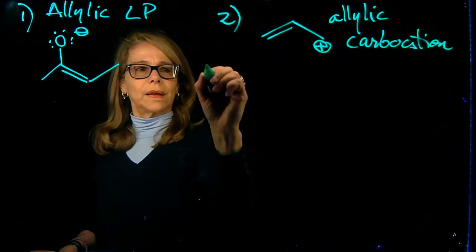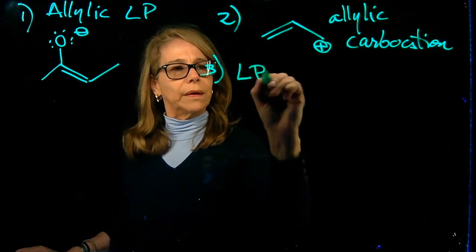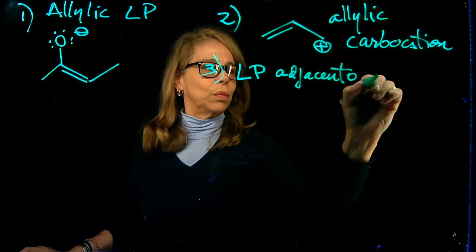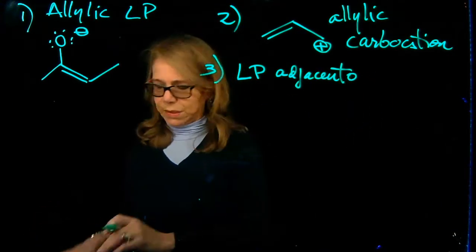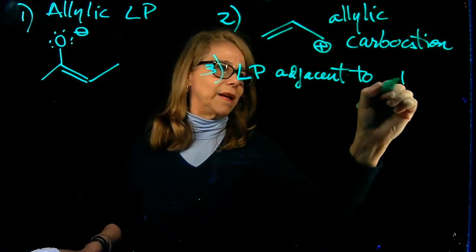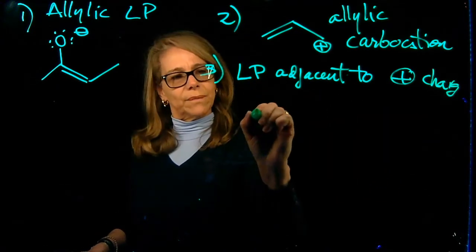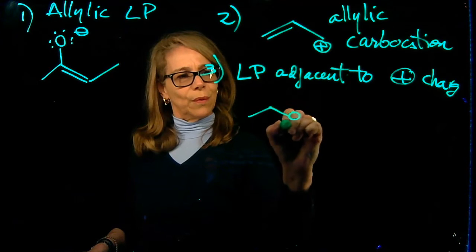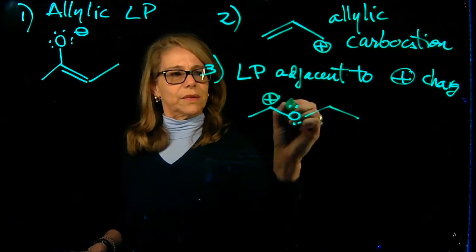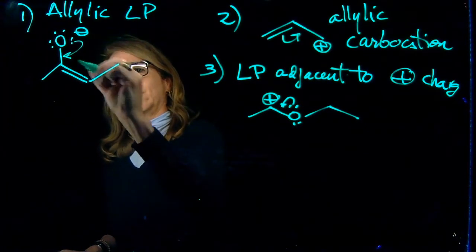And then a third one, a lone pair adjacent to a positive charge. The example I gave you was this lone pair adjacent to positive charge, and we did this. Here are the things that we did before.